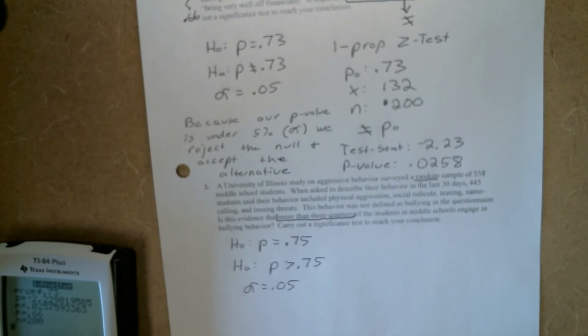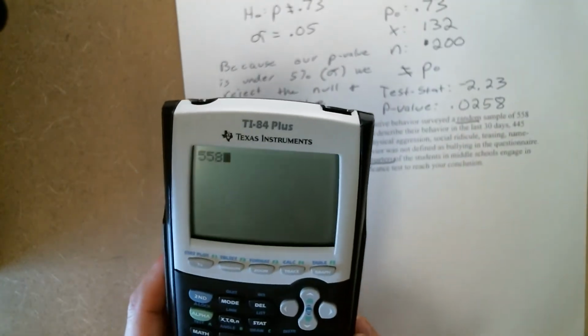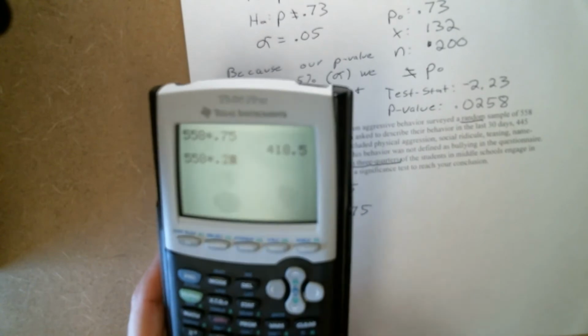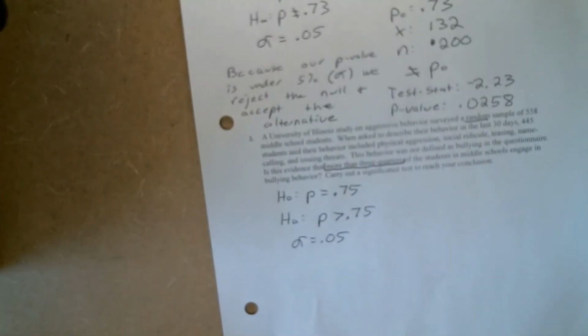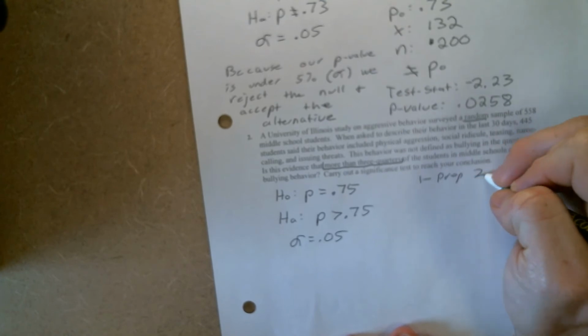And then we want to make sure we have at least 10 successes and 10 failures, which again, 558 times 75% or 558 times 25% are still well over that threshold. So with those pieces in place, we can perform our one proportion z-test.